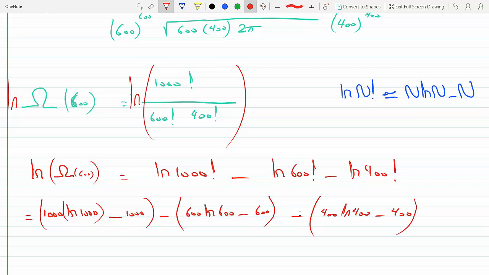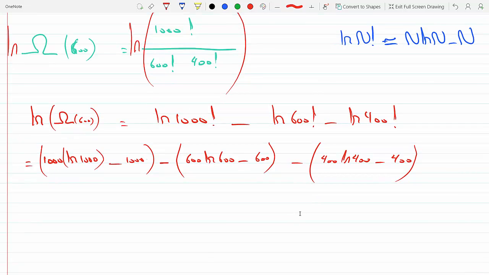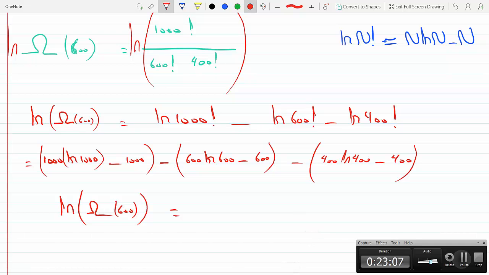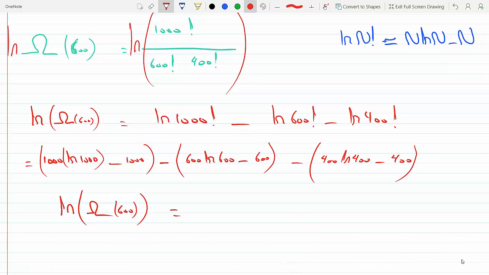And now we can definitely use a calculator to figure these out. Because ln 1000 is easy, plug this into your calculator, and let me do that. I didn't expect I'd be using this. It came up to 670. Yeah, 670. Oh wait, no, I have a mistake here.